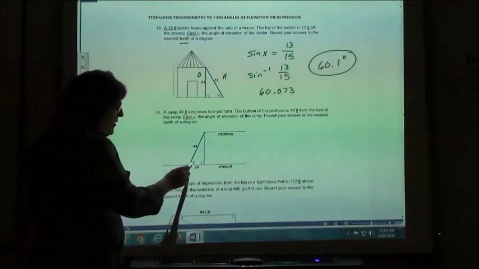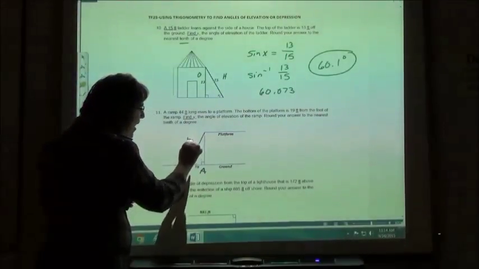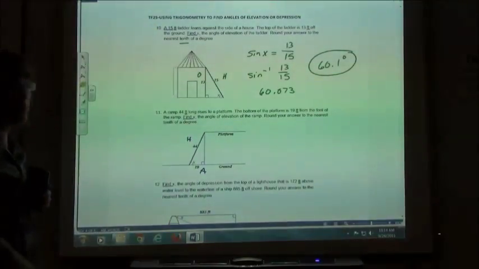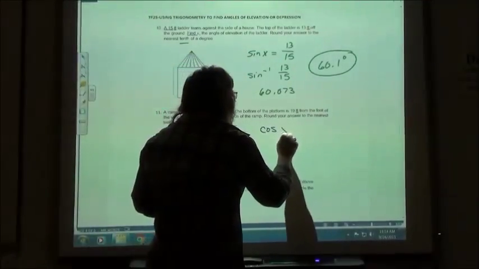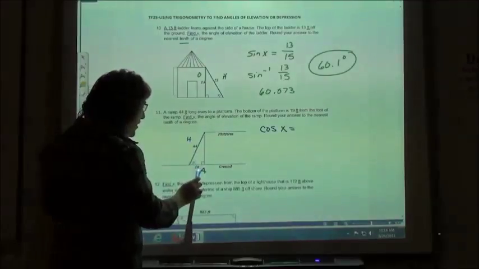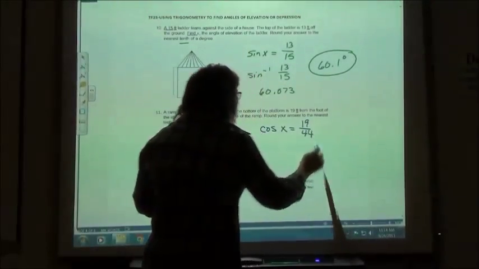So again, I'm finding the measure of this angle. I know the adjacent side and the hypotenuse. So on this one, we're going to use the cosine. The cosine of x should be equal to the adjacent 19 over the hypotenuse, which is 44.